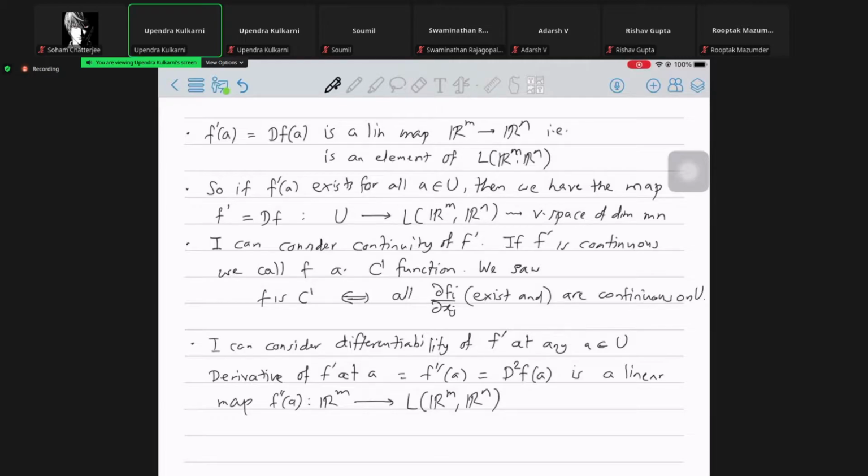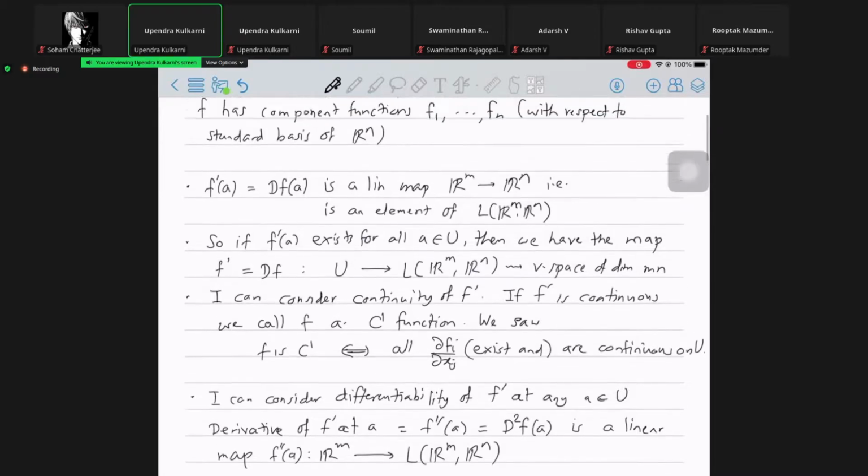But all right, so let's look at the double derivative. If I want to describe this double derivative again at a point, I'm not varying the point yet, but if I want to describe this double derivative in terms of its coordinates, then what would it look like? We have to understand the meaning of this question first. Remember, f itself had components f1 up to fn.